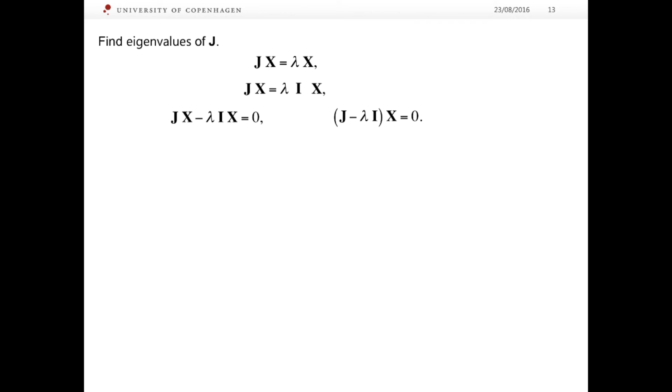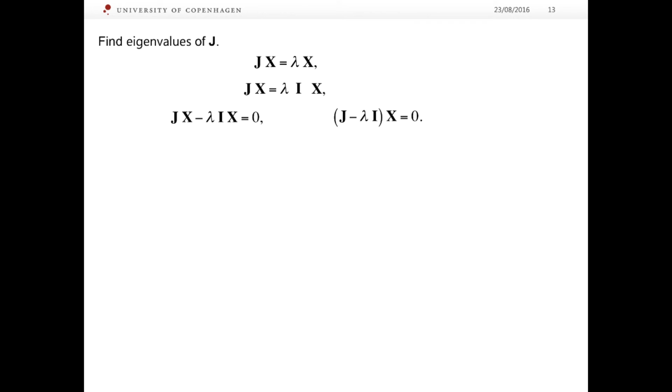Because J is known, I is known, lambda is a number which we hope to find, and x is a vector consisting of some unknown elements.